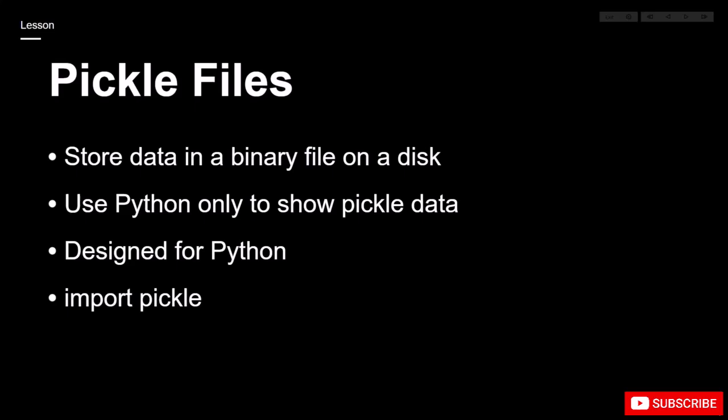That's it. This module is called pickle. So you can use it by importing it using the import statement, this reserved keyword, followed by the name of the module or library called pickle.